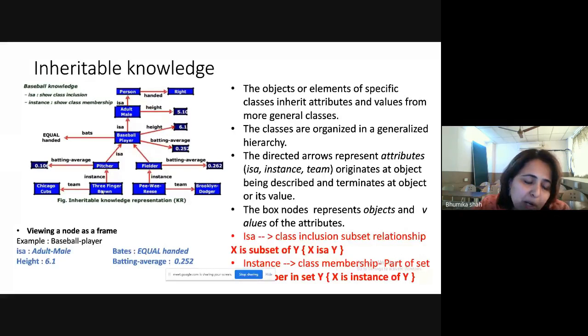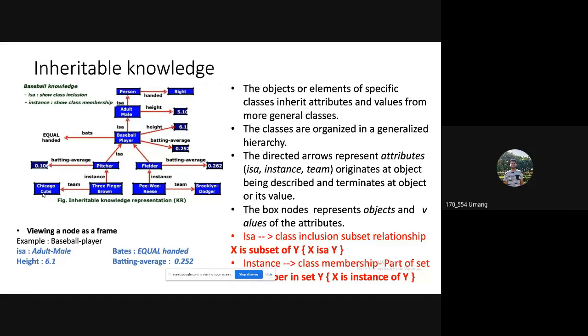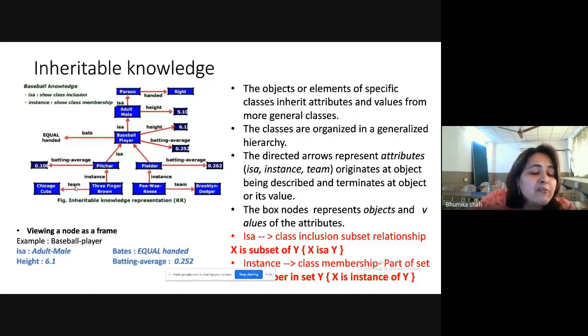What is the value of the team attribute for Three-Finger Brown? Chicago Cubs. Exactly, very good. See how you can answer this, because the object Three-Finger Brown has the direct attribute team available with it, and that attribute has the value Chicago Cubs. So we can directly answer it.